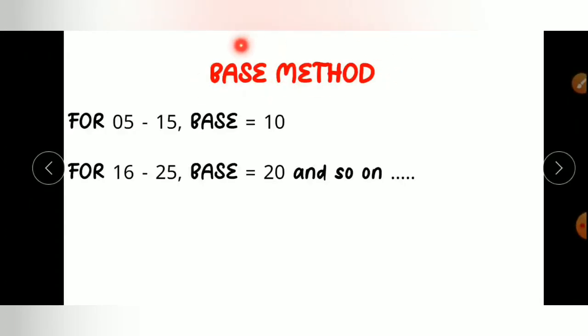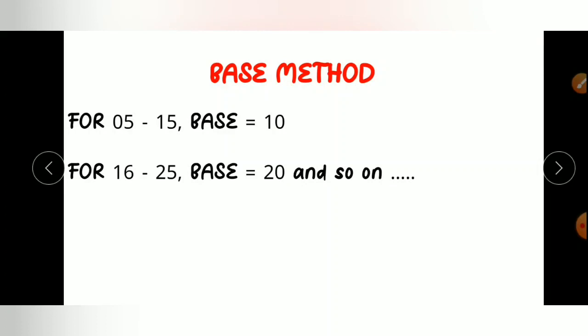For the base method, you have to choose a base, that means a number containing 0, like 10, 20, 30, 40, 50, etc. For 5 to 15, the base is 10, because 10 is in between 5 and 15. Similarly, for 16 to 25, the base is 20, and for 26 to 35, the base is 30, and so on.